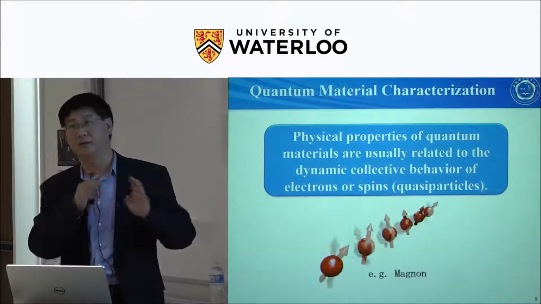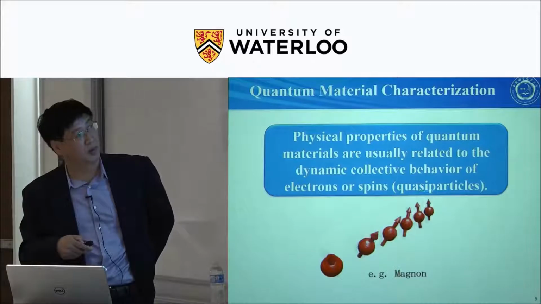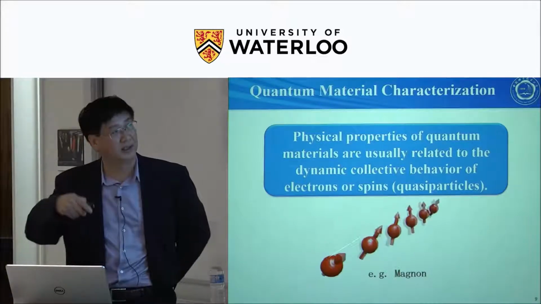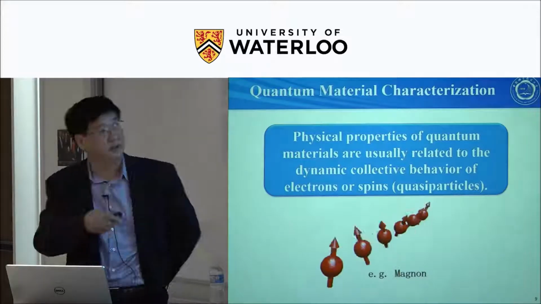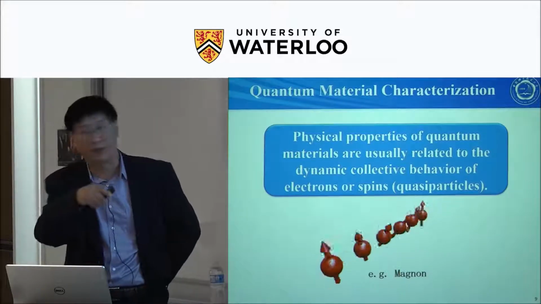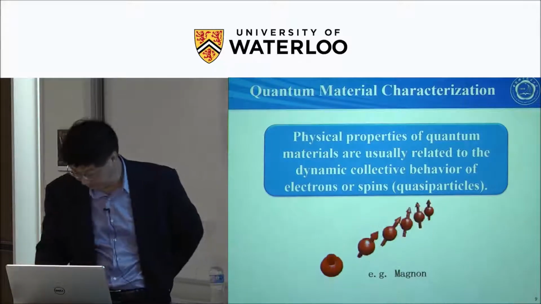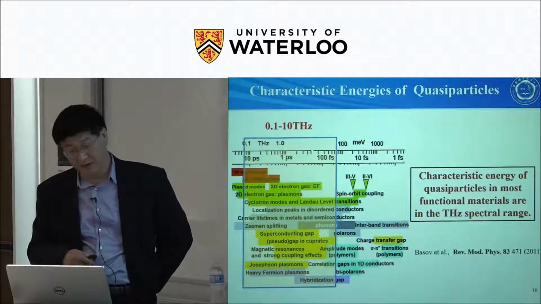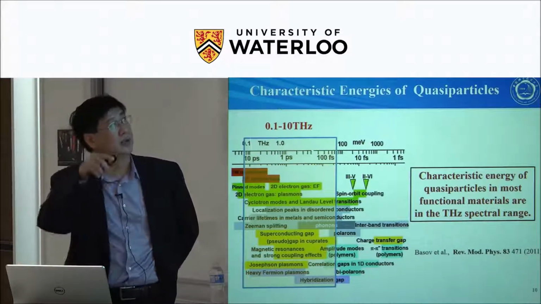All those spin-related properties, we can call them quasiparticles if we have a spin wave. They are resonant, all those properties are related to this kind of quasiparticle. Then there's a publication in 2011. We can look at this.